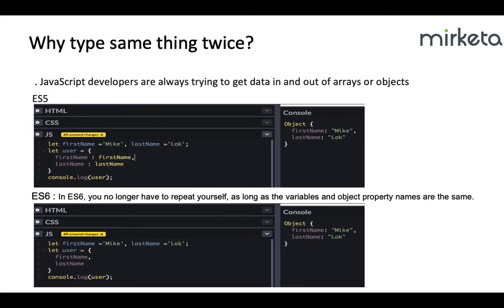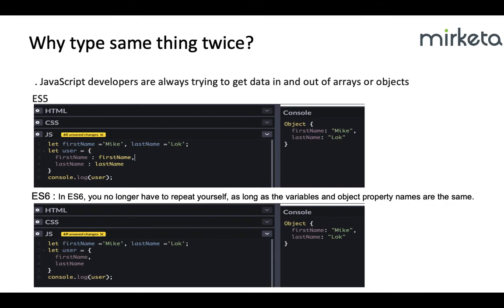Next point is assigning the properties. We are always trying to get in and out of arrays and objects. So whenever we assign some properties within an object, for example, first we declare some variable here and use the same variable in that object, right?